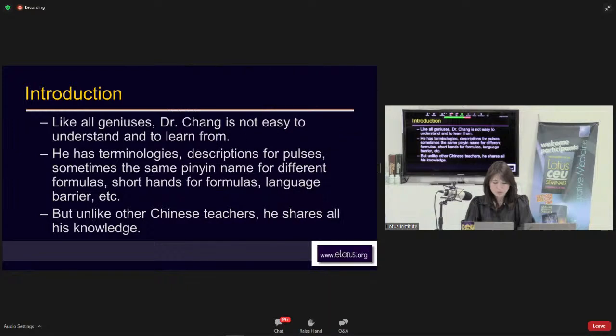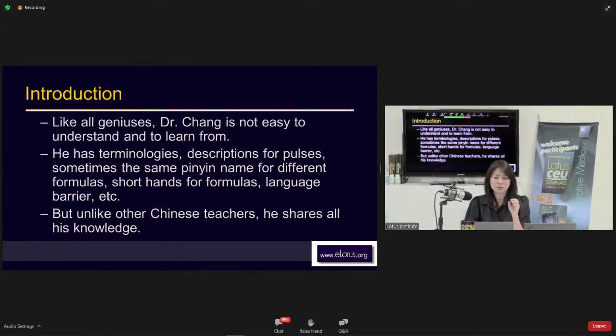Like all geniuses, if you have learned from Dr. Chang, you know that he's not easy to understand and learn from sometimes. He has different terminologies and descriptions for pulses. He names his pulses like sea turtle and sometimes convex roof. He has all these terminologies. But again, when you get confused, just go back to the big picture.